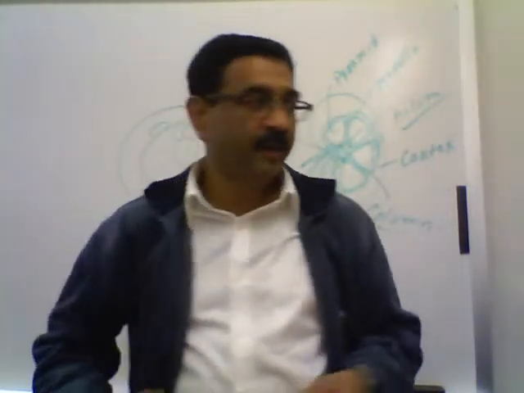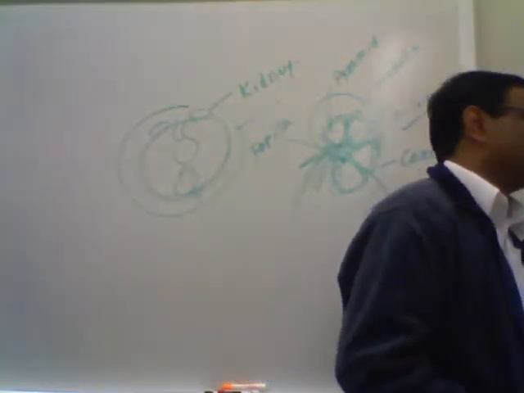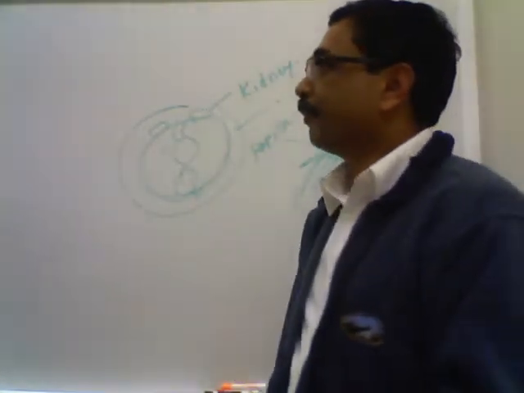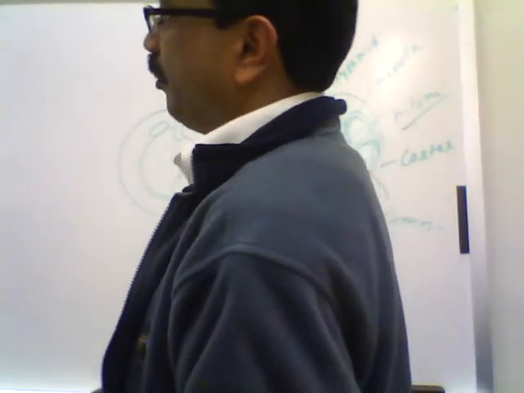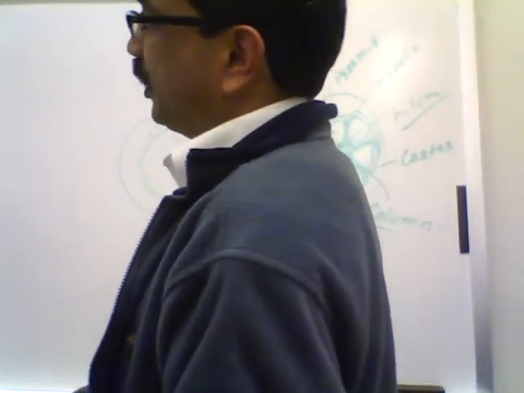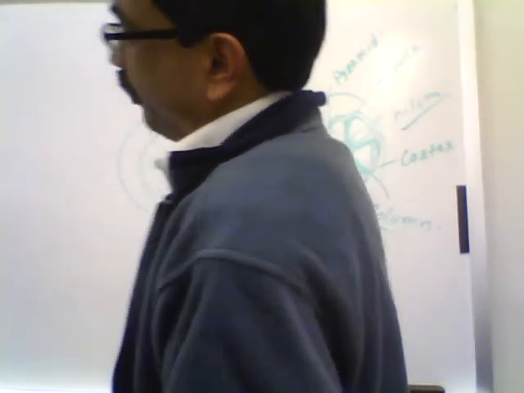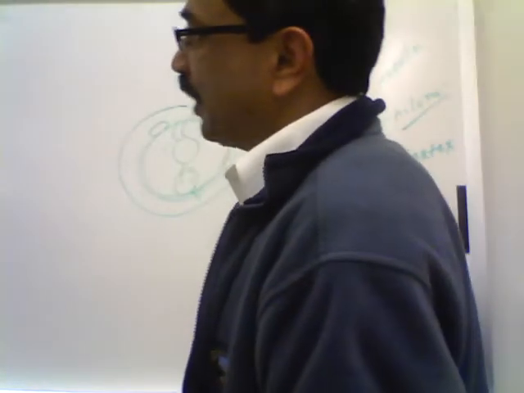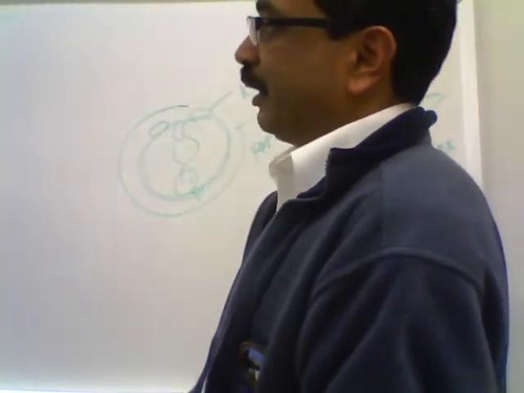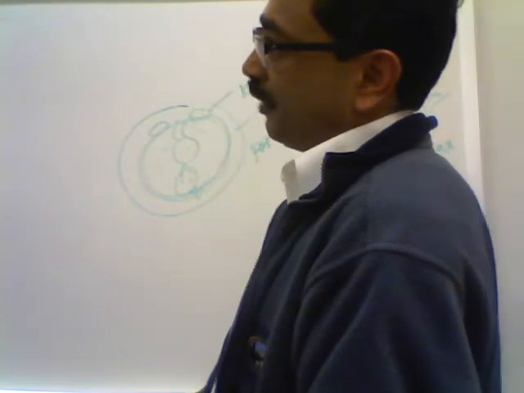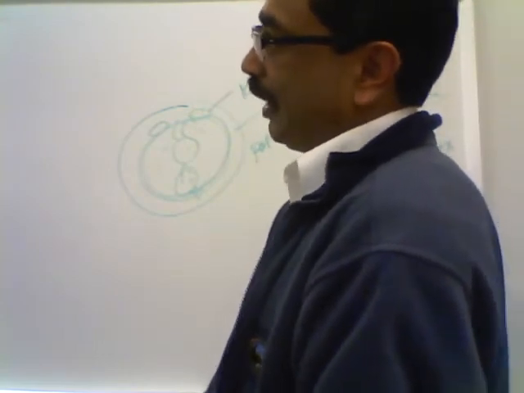Now let's see here. Look at the right side picture. You see the cortex, medulla. In the medulla you have the triangular pyramids, and in between the pyramids you have the columns, and the pointed part of the pyramid which is facing inwards, that is the papilla. Okay.